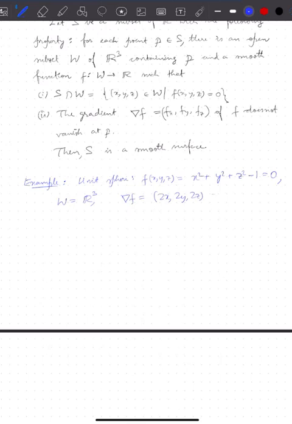So the norm of grad of f is the square root of 4x squared plus 4y squared plus 4z squared, which gives us 2 times the root of x squared plus y squared plus z squared, which is just 1. So we have 2, and this is at all points in the sphere.